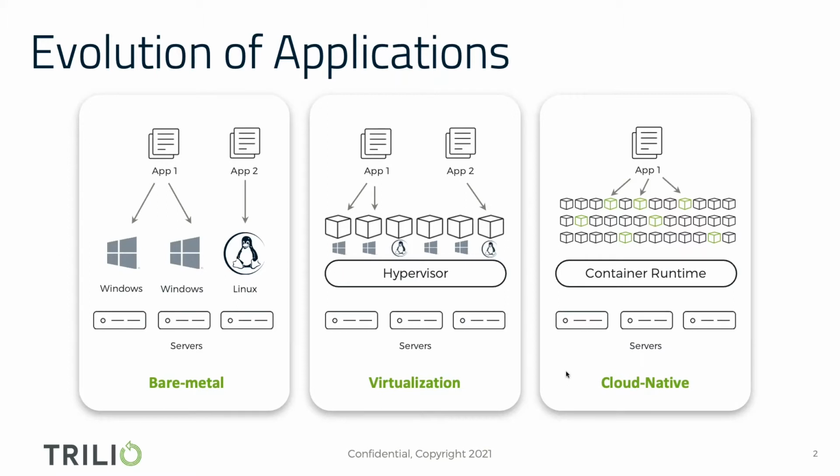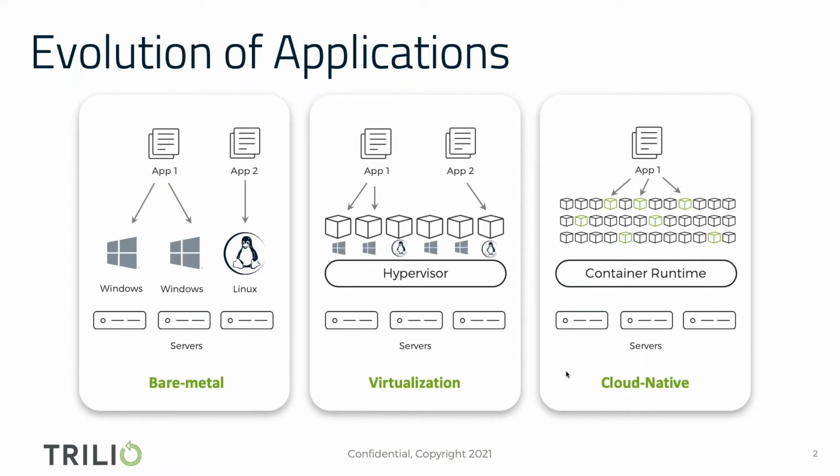Looking at this slide, we are showing the different eras of IT data centers and the transformations that they have gone through. Right off the bat, we can see that the application architecture in a cloud native environment versus a bare metal and virtualization environment is very different.